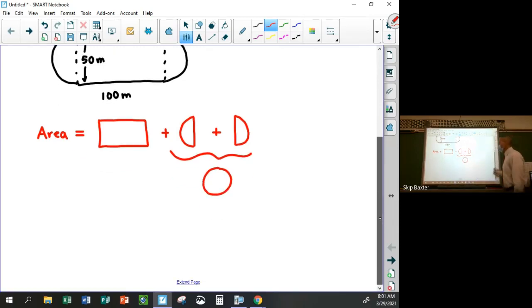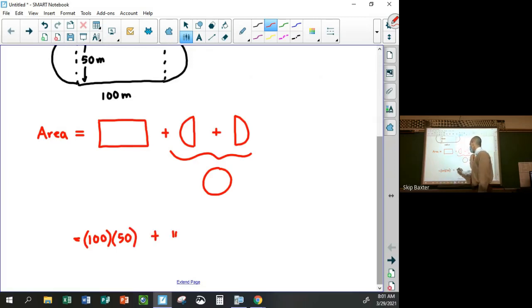So that's really the bottom line. You can just add together basic areas. The area of the rectangle is length times width, which is 100 times 50. And the area of a circle is pi r squared. So this would be pi times 25 squared, right? Since they give us the diameter is 50. The diameter is 50, and the radius is 25.